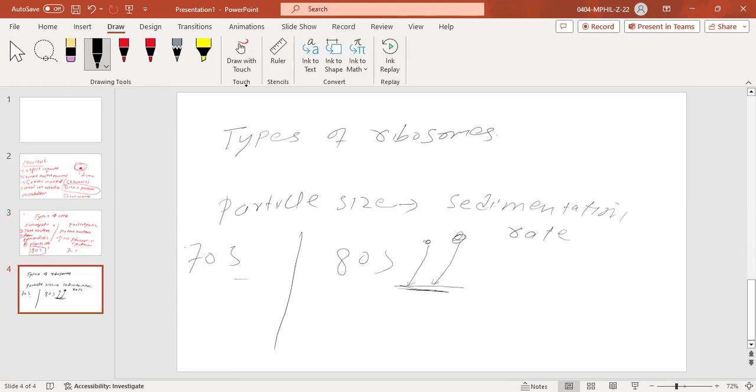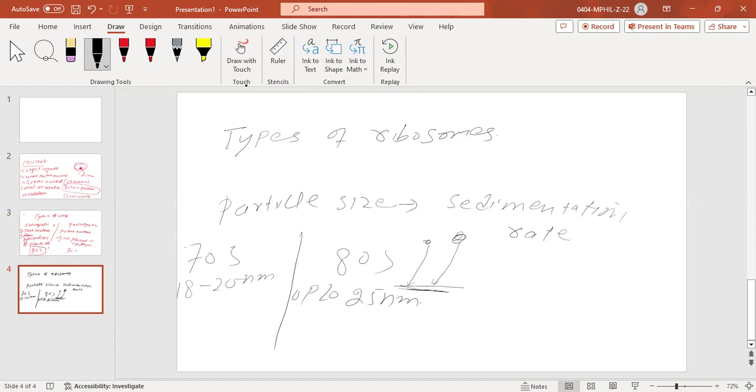The 70S is about 18 to 20 nanometers, and the 80S is up to 25 nanometers. So one is smaller in size, another one is larger.